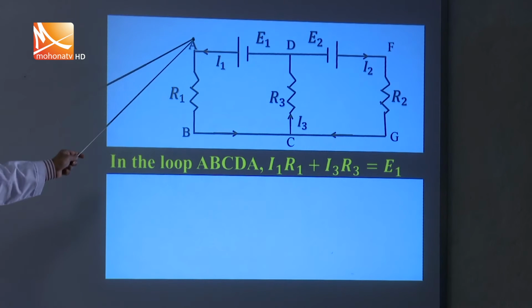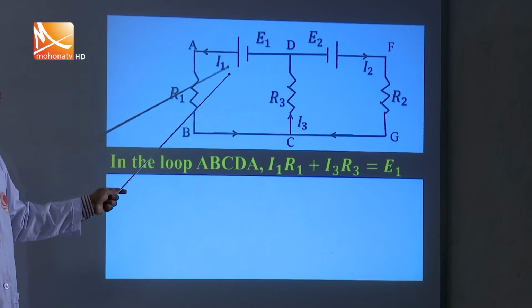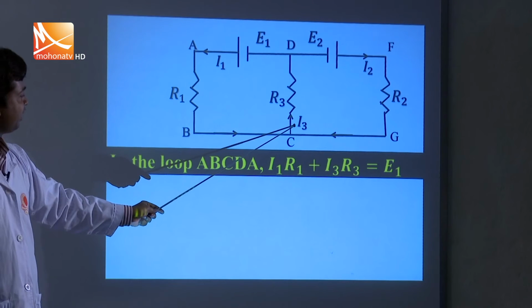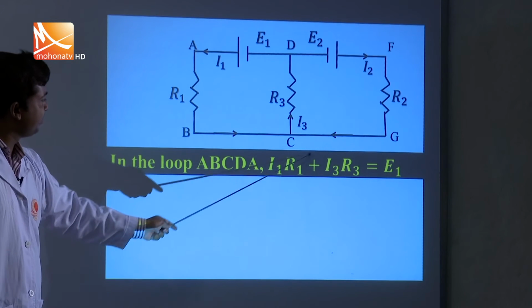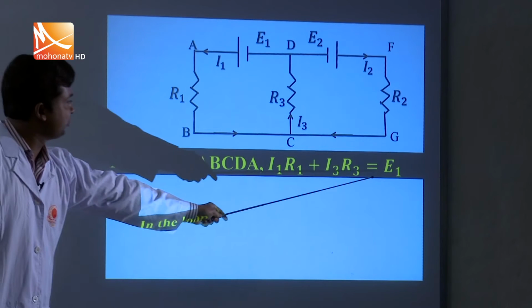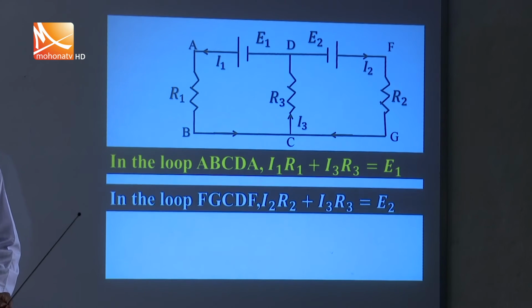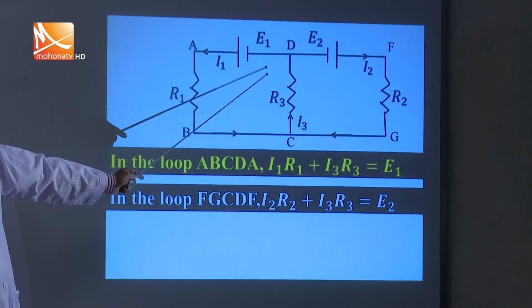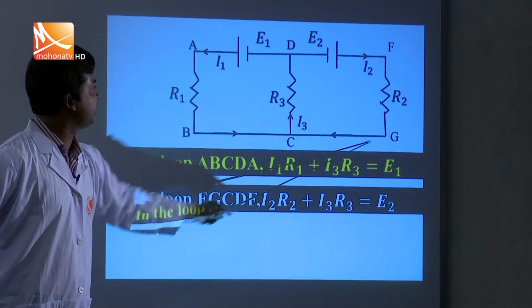In this case, A, B is the direction of current, and I am going in this direction. So, the products of current and resistance are I1 and R1, and I3 and R3. The algebraic sum of these is equal to the electromotive force E1. So, this is the application of loop theory. I am going to apply loop theory in another loop, that is D, C, G, F, D. This is another closed loop.